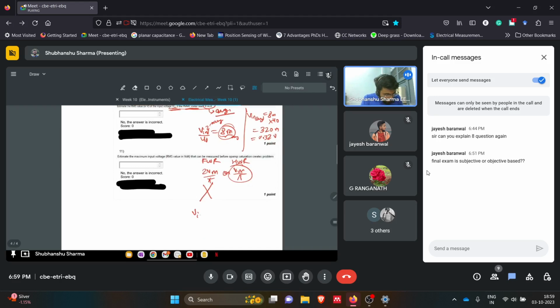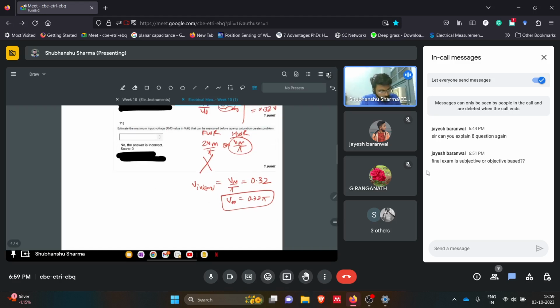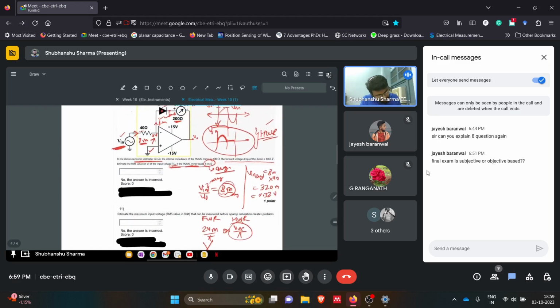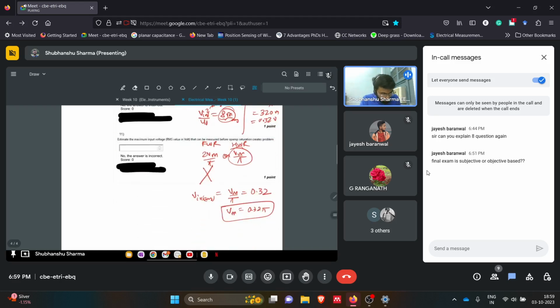So V in average can be written as Vm by pi for a half wave rectified signal. From here we got the peak value of that sinusoidal signal, 0.32 into pi, which is 1.0 volt. This is the peak. Now that we have the peak, they are asking for the RMS value of the input voltage, so we can easily get it.